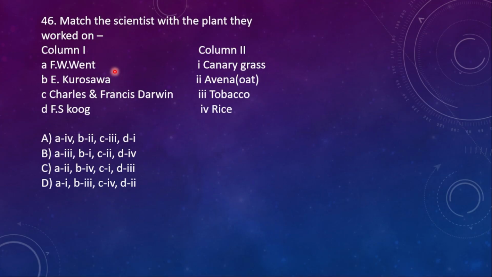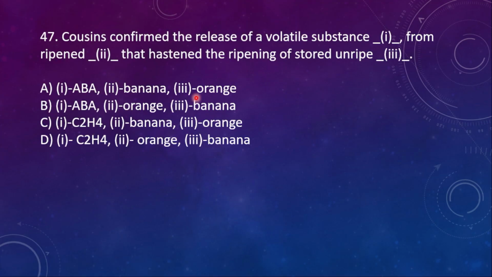F.W. Went is for oats, Kurosawa is for rice, Charles Francis Darwin is for canary grass, and then F.S. Cook is for tobacco. So here the right option is option C.